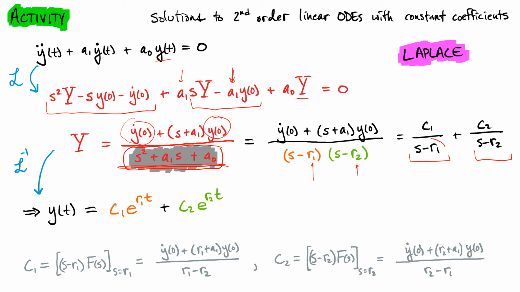And so it's this denominator that specifies the functional form of the solution. These C1 and C2 are certainly going to depend on these different coefficients and the initial conditions, but the actual form of the solution is determined by the denominator.